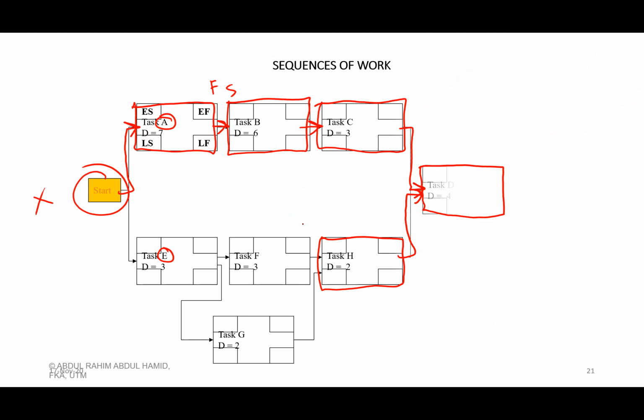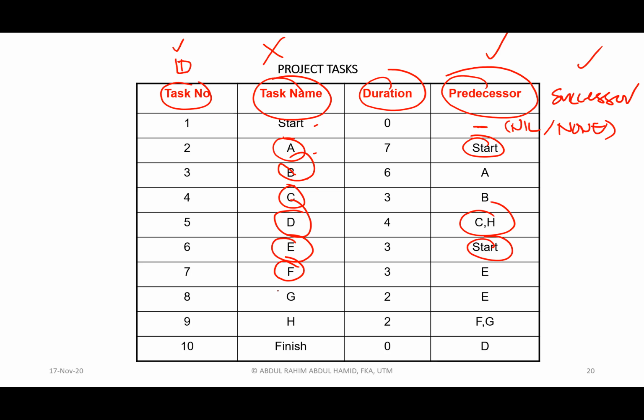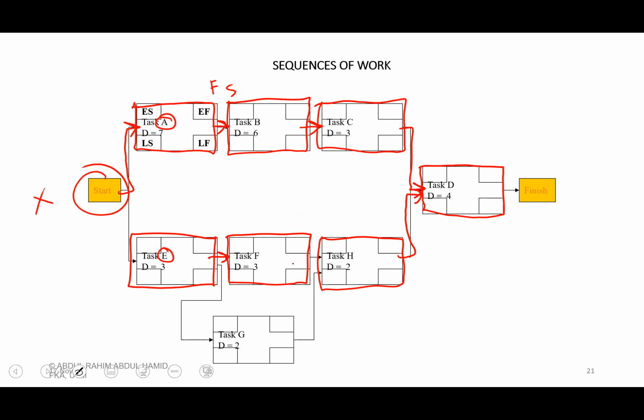It is coming from E. You already have E. Then you draw F and connect from E. And then what else? G. It is connected from E. So you assume there is one activity, G. Then the arrow is coming from here.